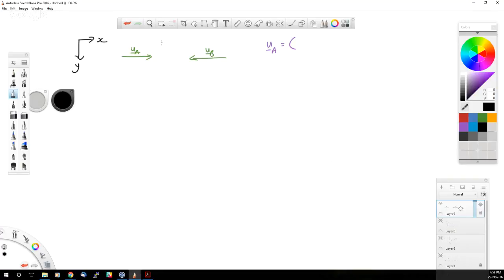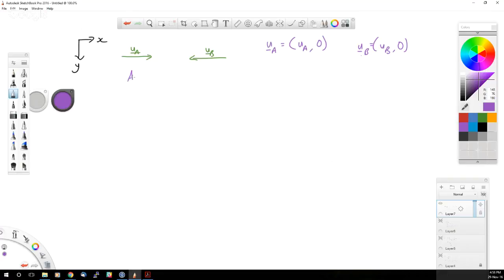So in the x direction, we have UA, and in the y direction, 0. And so here you should be able to see that I'm distinguishing between the vectors, which are these underlined terms, and the components or magnitudes, which are not underlined, and the scalars.